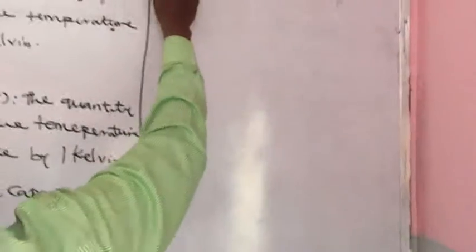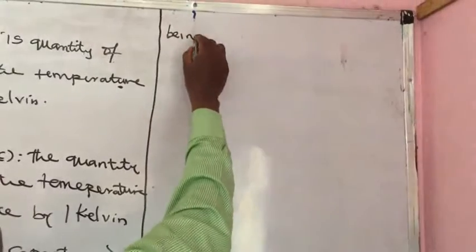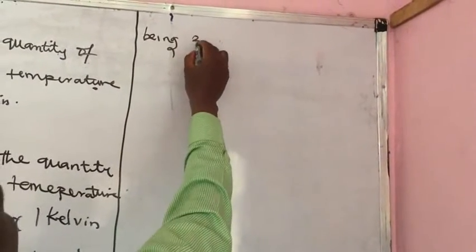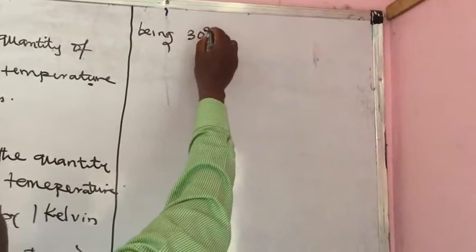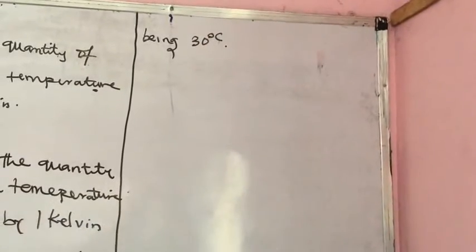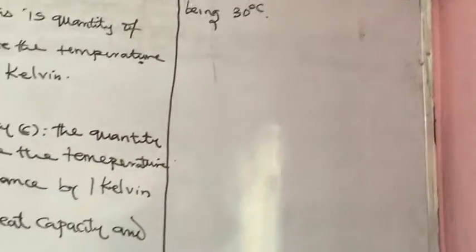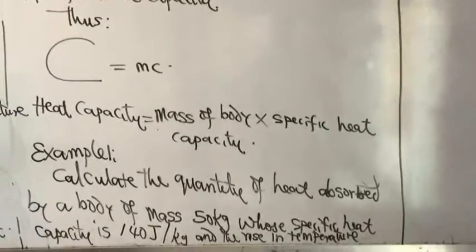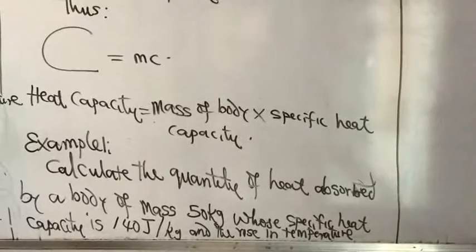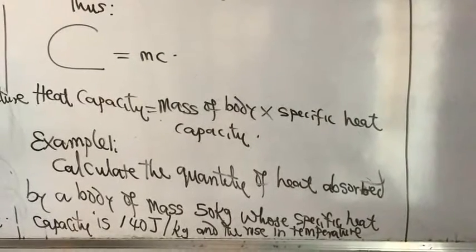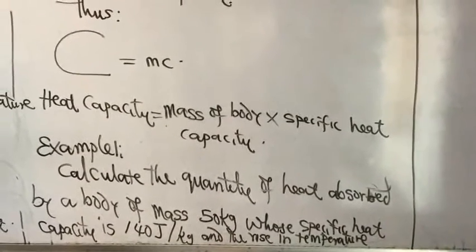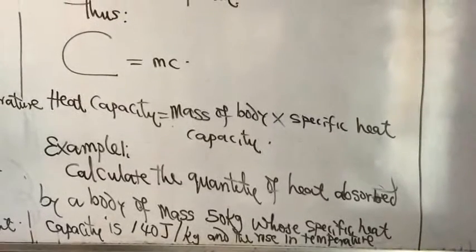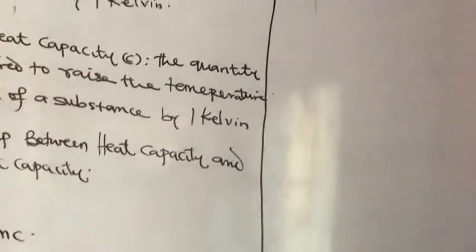Calculate the quantity of heat absorbed by a body of mass 50 kg whose specific heat capacity is 140 joule per kilogram per Kelvin, and the rise in temperature being 30 degrees Celsius.